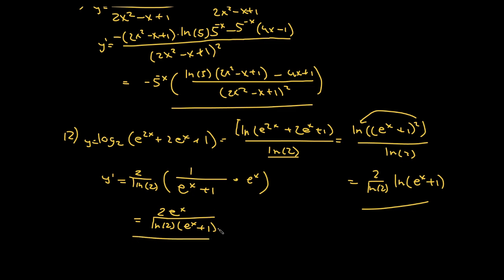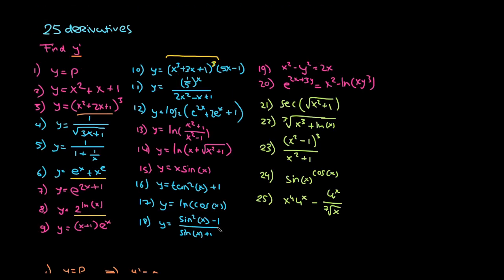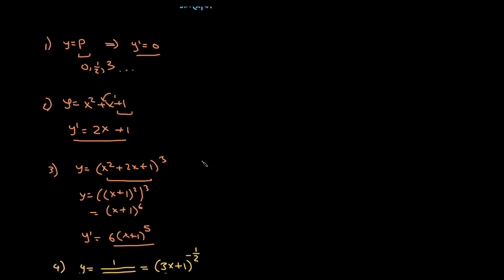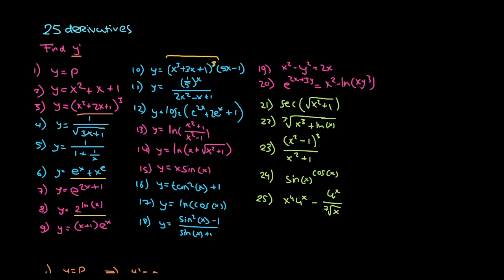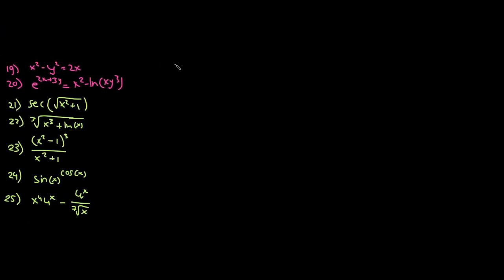Let's go. Okay, so it's going quite smoothly. So now we have another logarithmic thing, if you will. The natural log of x squared plus 1 divided by x squared minus 1. Alright, now I'm gonna quickly move to the side here.